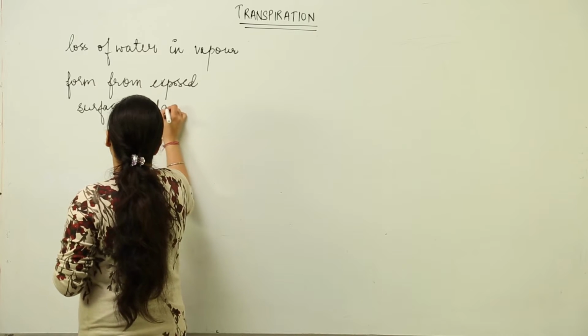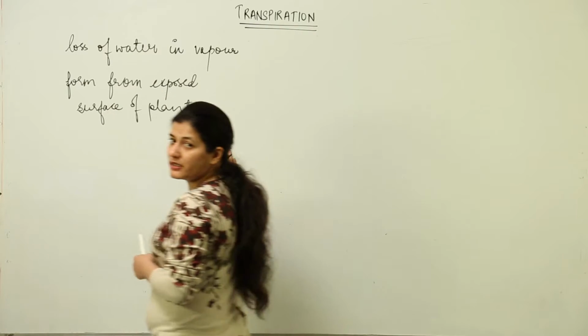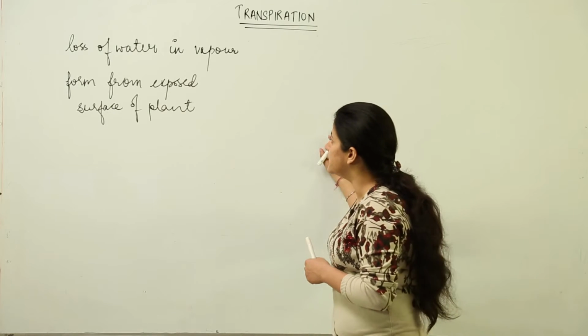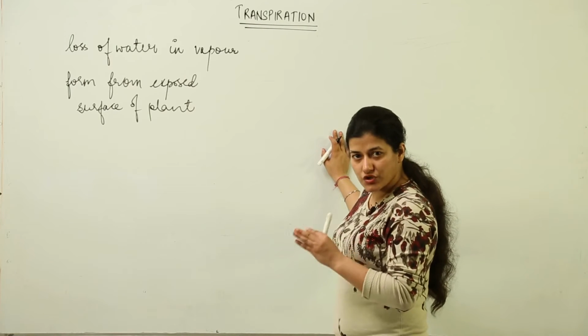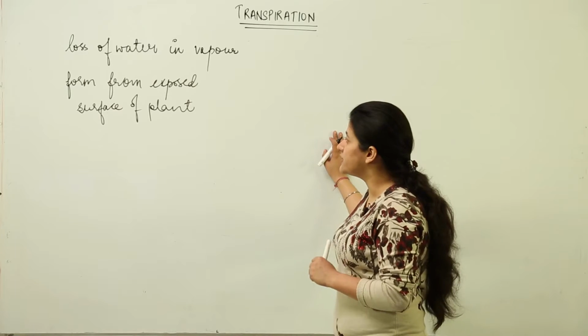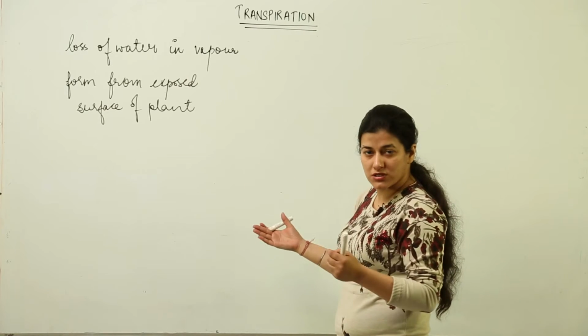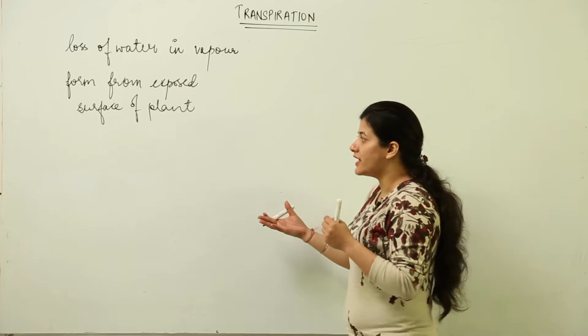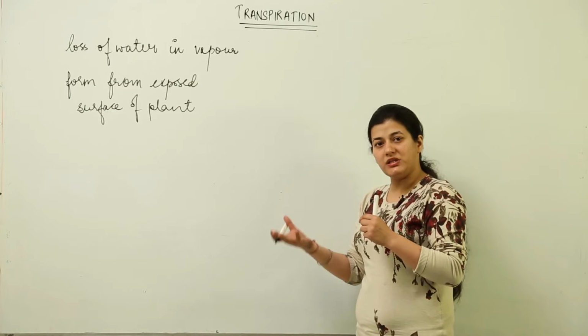Now, being very well aware of the anatomical aspects of the plant that we studied earlier, you know that it is the leaf which is the main site where transpiration takes place, because it provides the maximum exposed surface and it has such an anatomy that the lower surface is provided with air spaces.